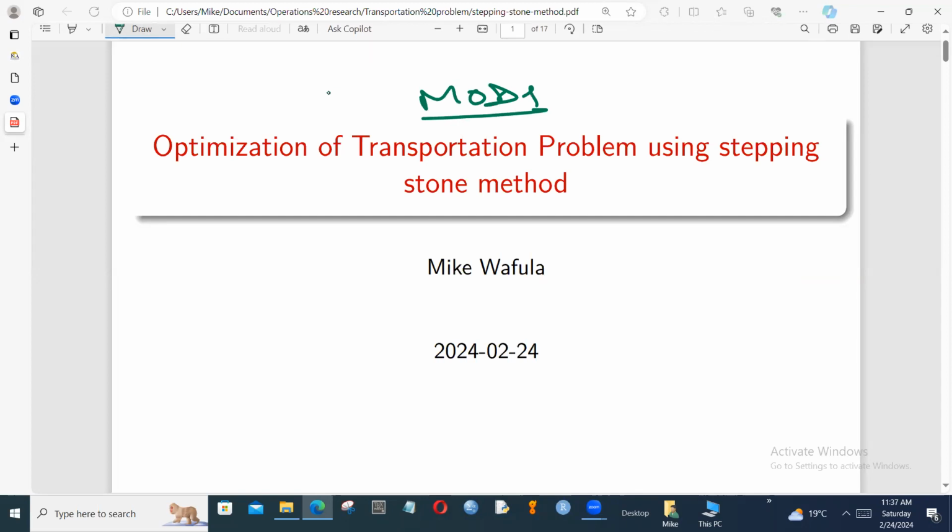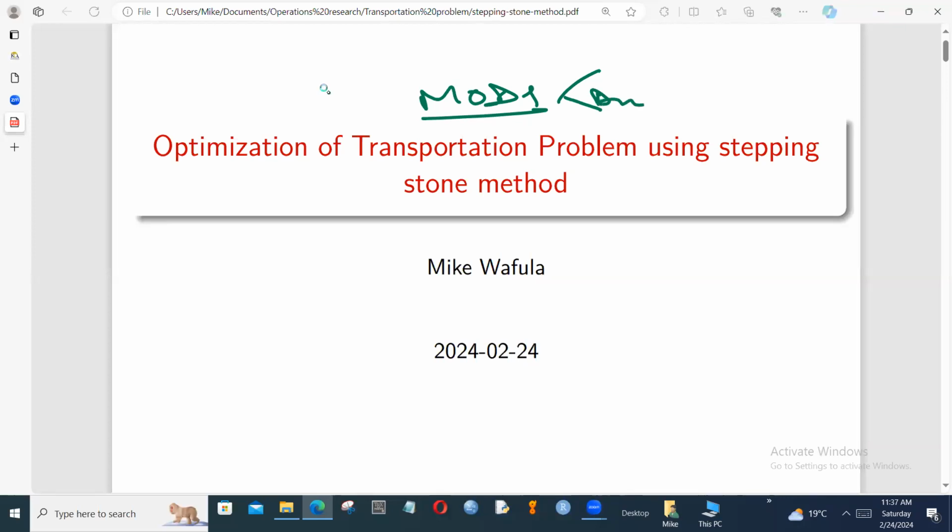And we looked at the various stages, where the first stage involved checking whether the initial basic feasible solution obtained is non-degenerate, then computing the dual variables, and then obtaining what we call the opportunity cost associated with the cells that were not occupied.